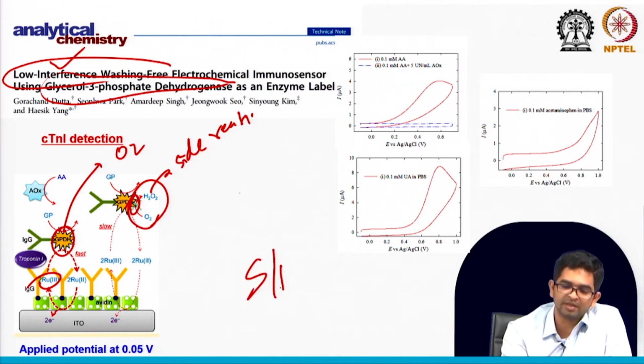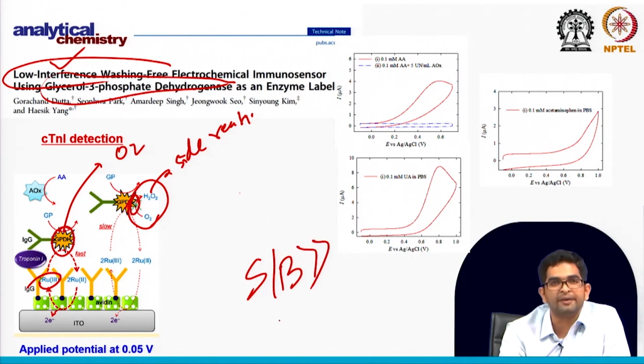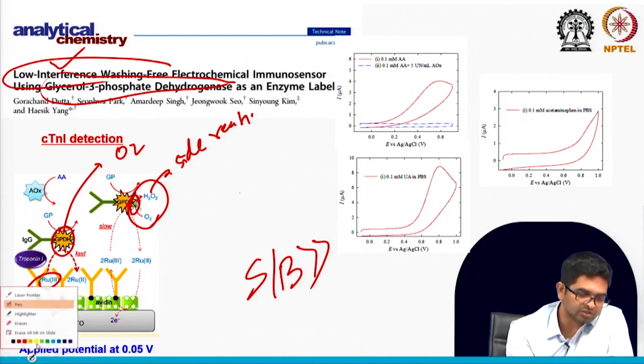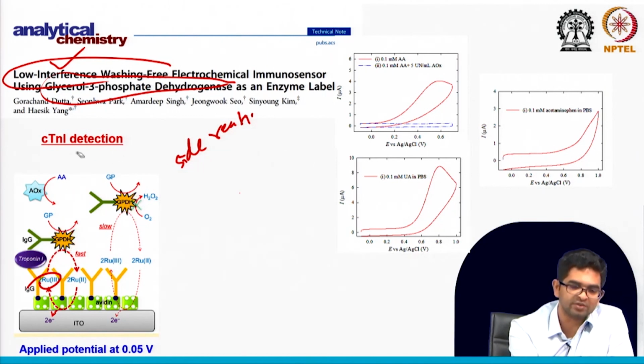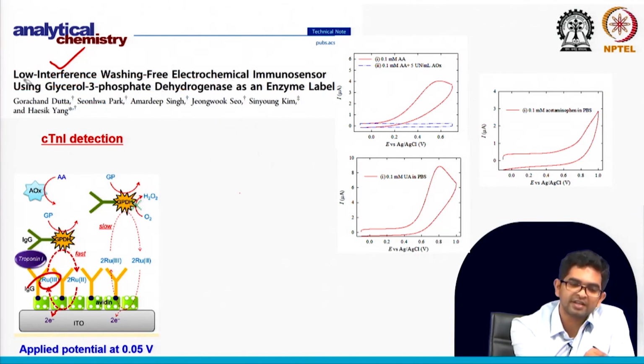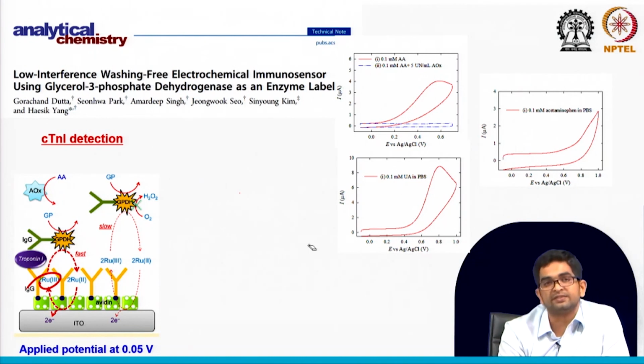Naturally, your signal-to-background value will be very, very high, so you can make a very sensitive wash-free biosensor. Okay, so keep this in mind: which label you are using, and whether it reacts with other interfering species. Oxygen is also one of the important interfering species.